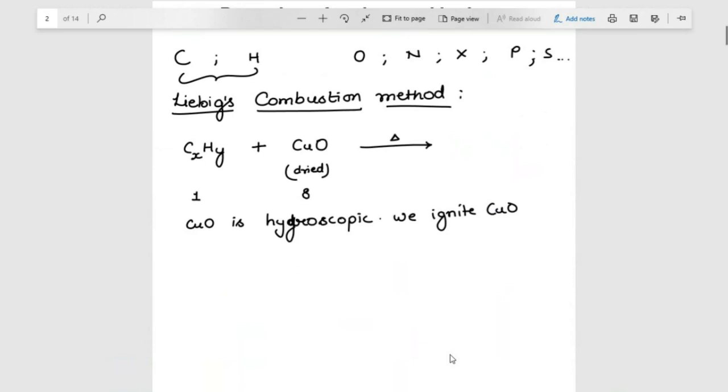So, CxHy, the unknown organic compound, though the amount taken should be known, and 8 parts of CuO, and then we heat or almost burn it strongly, and the reaction takes place.